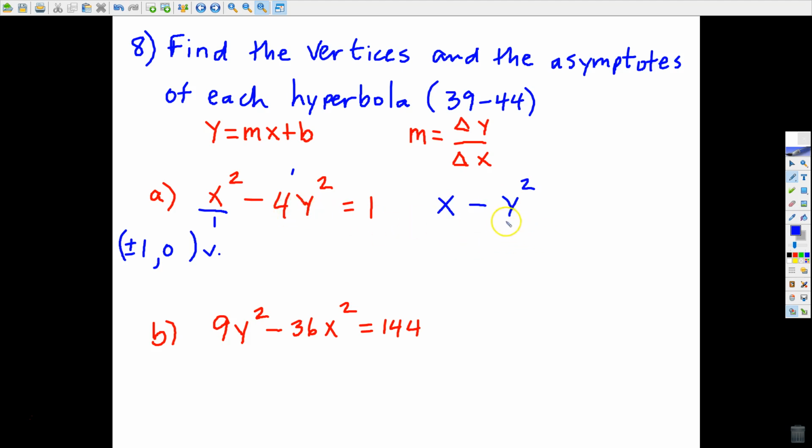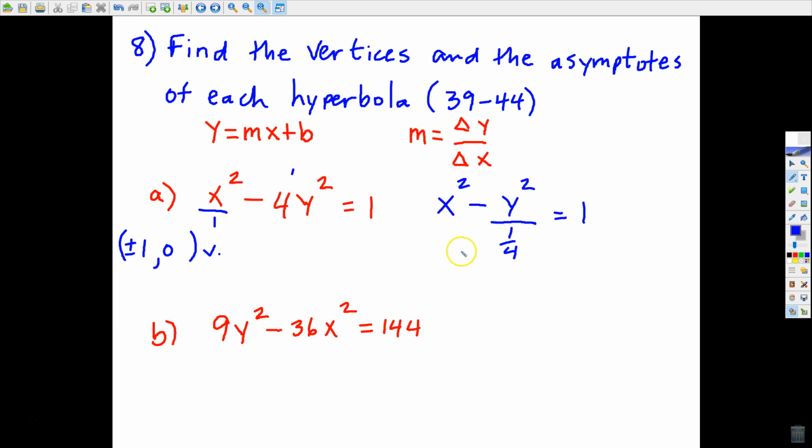Well, multiplying by 4 is the same thing as dividing by 1/4. So I'm not really solving for a variable. A lot of times we divide all the way across because we need to make this number become 1. I just found another way of expressing this equation so that now my coefficients for x squared and y squared are both 1.